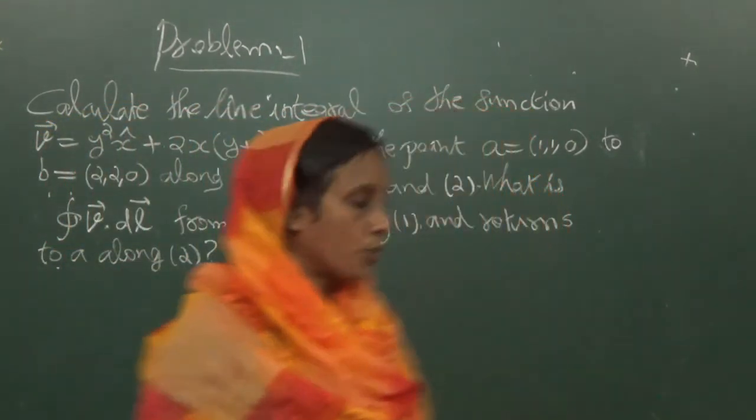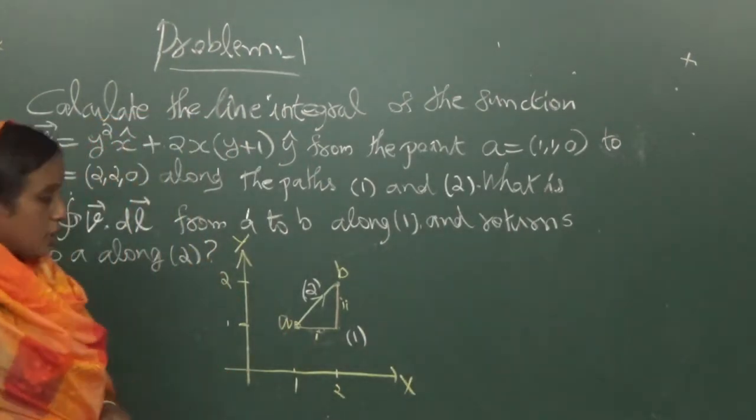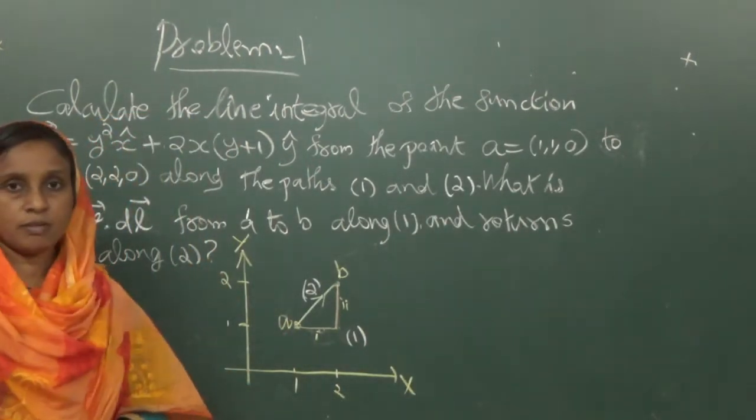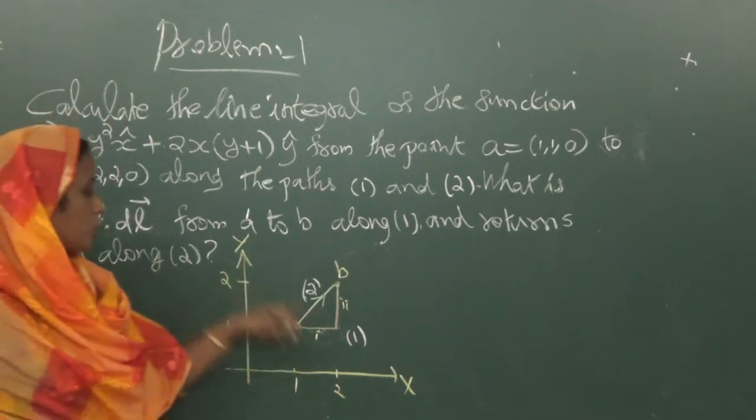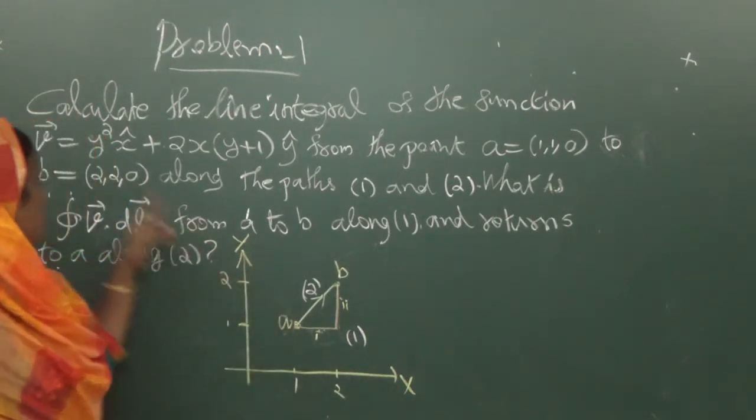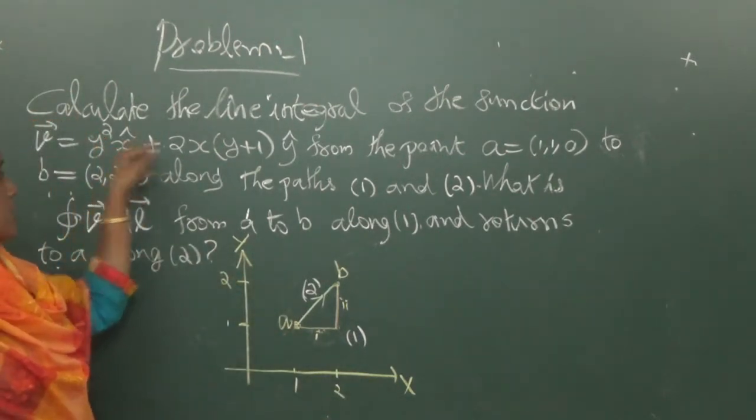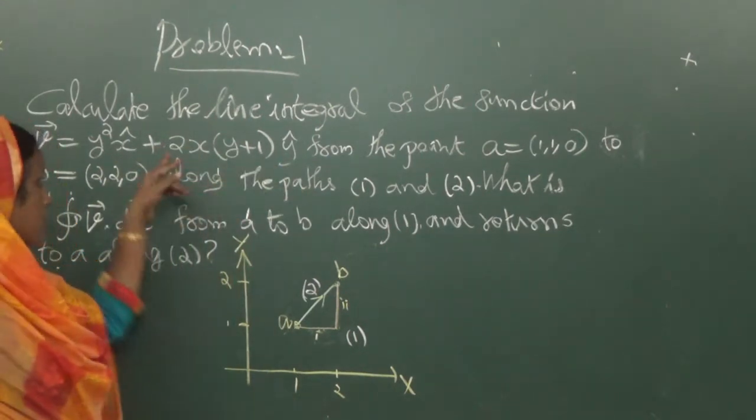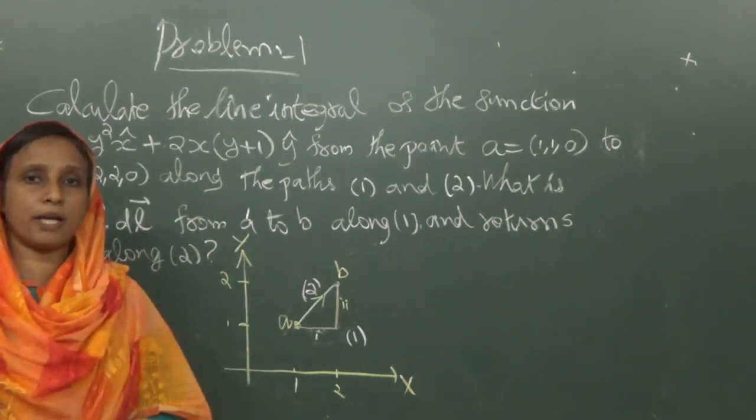So this is the problem. In this problem there is a figure given, shown in the xy plane. As you see, your function has only x cap and y cap, so the vector function lies in the xy plane.